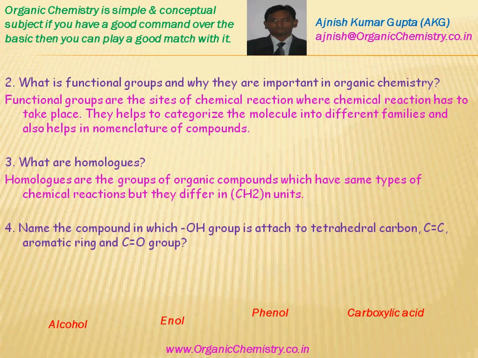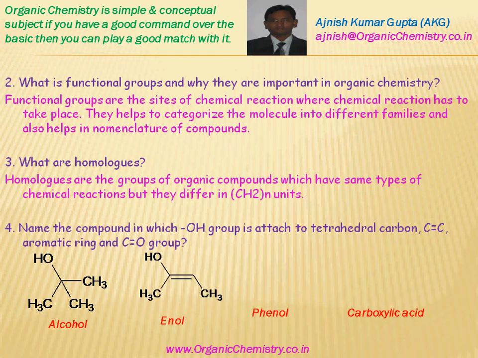Name the compound in which OH group is attached to tetrahedral carbon, carbon-carbon double bond, aromatic ring and CO group. When you carefully analyze the molecules, when tetrahedral carbon is attached to OH, such as this molecule, it is called alcohol.